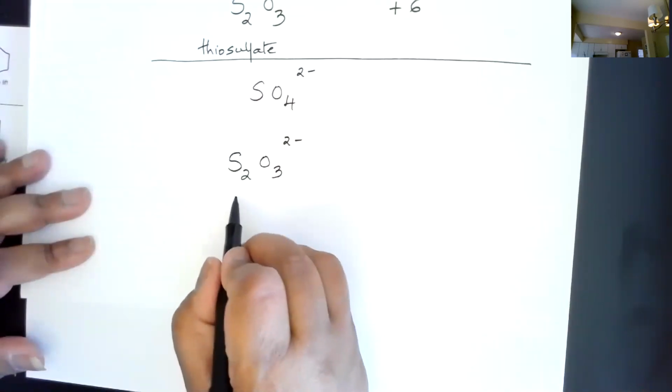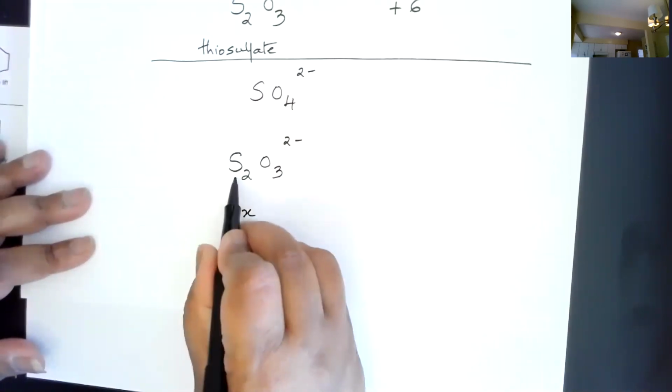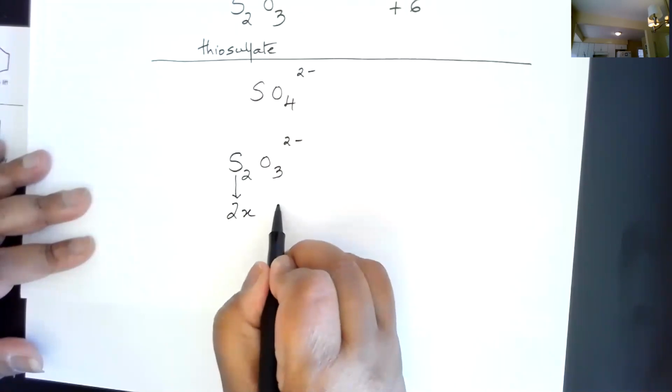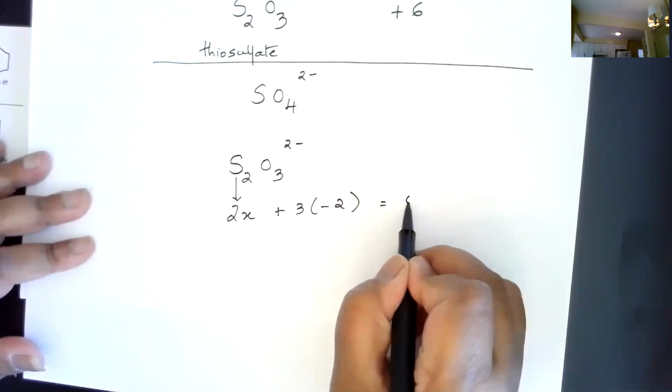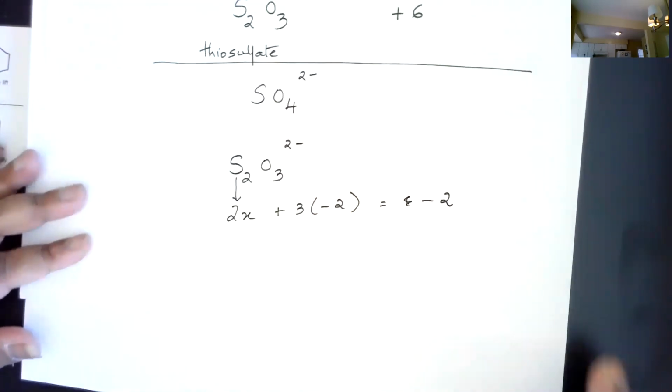There are two sulfurs, so this is 2x. Each oxygen is -2, and the charge on the whole ion is -2.